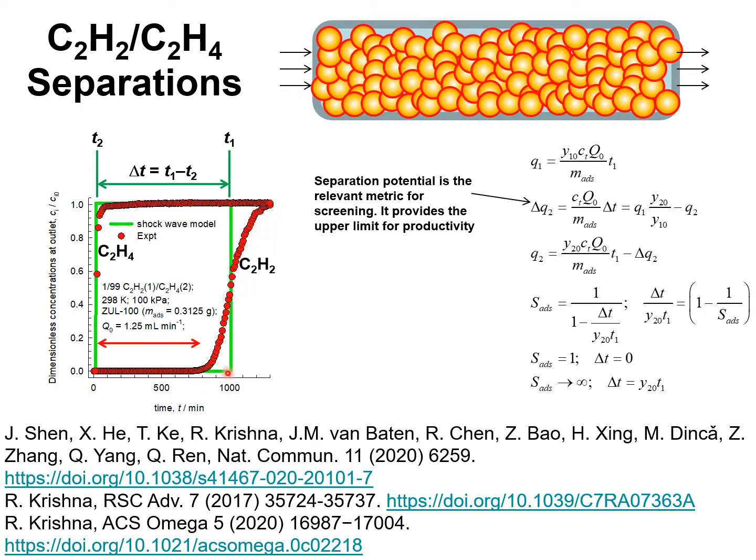The departure from the shockwave model is primarily due to non-idealities in the gas flow within the tube, could be due to axial dispersion characteristics of the tube and/or intracrystalline diffusion limitations.